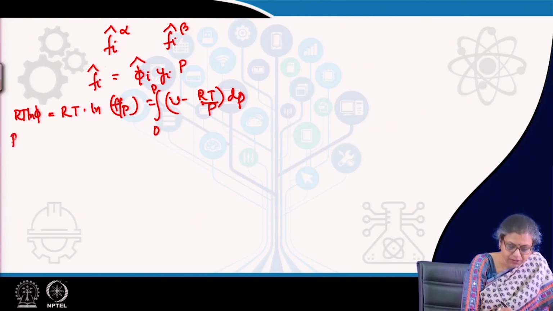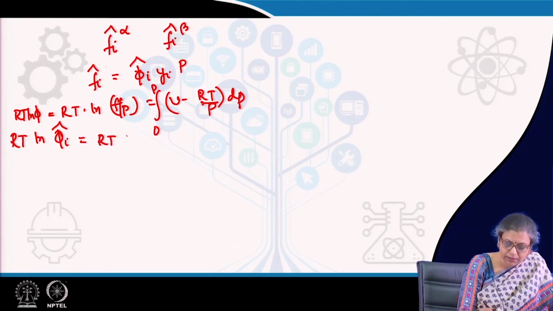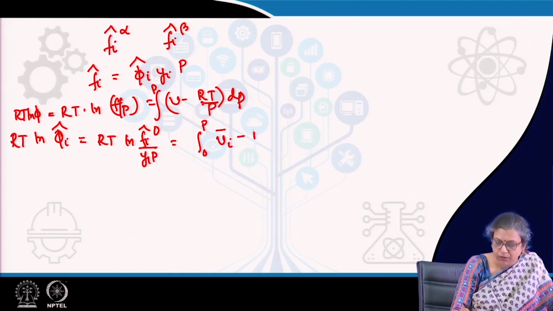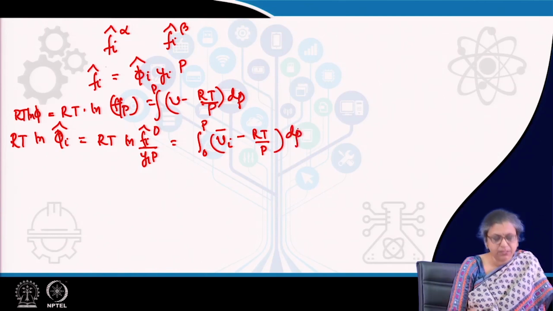For a mixture, it becomes RT ln phi i bar, which equals RT ln f_i by y_i P, whichever way you can write it. This is the integral from 0 to P. In this particular case, this becomes the partial molar volume, and so therefore, this becomes the equation.